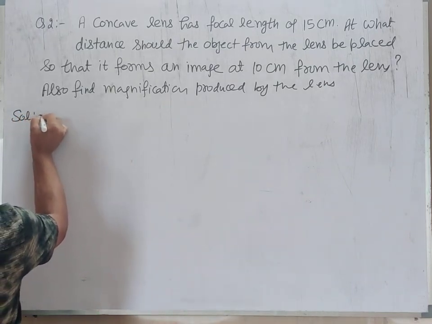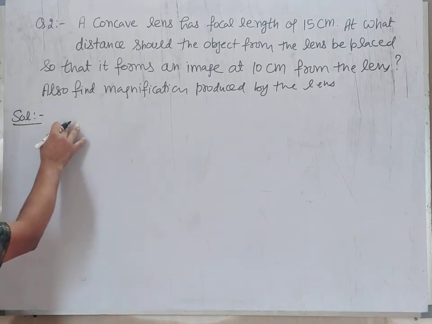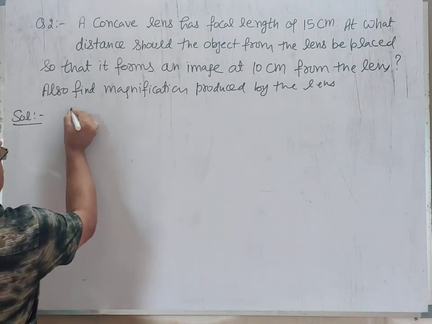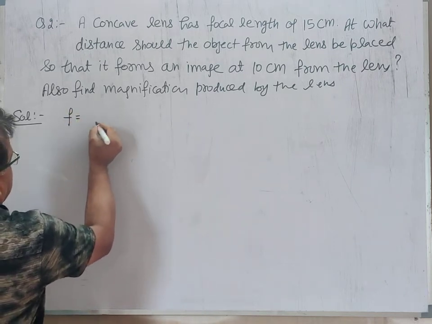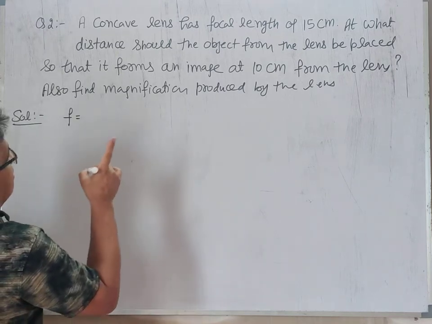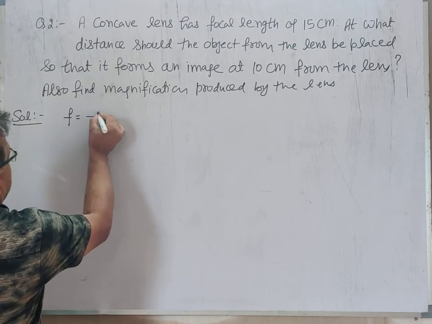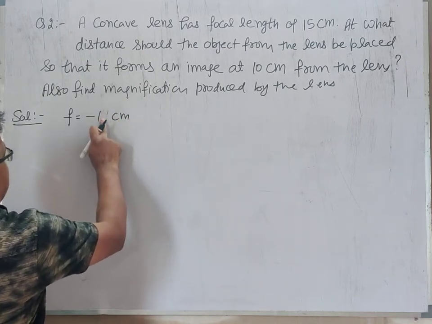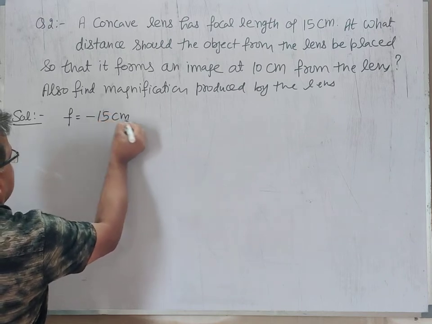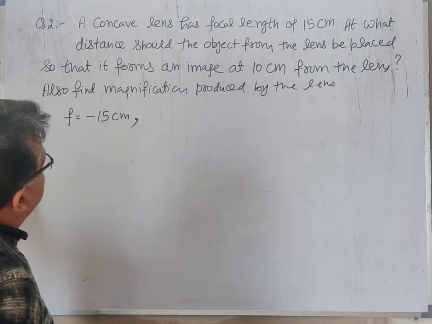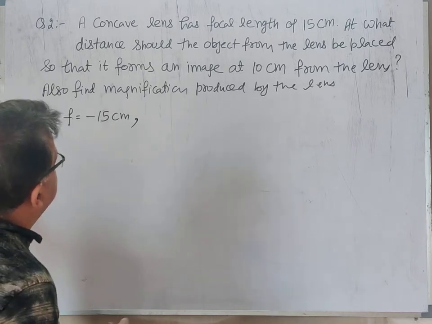Solution. At first see what is given. A concave lens has a focal length of 15 centimeter. Given our focal length, it is 15 centimeter, and because the lens is concave, therefore negative, minus 15. It is not 10, it is minus 15 centimeter. One data is given. At what distance should the object from the lens be placed?